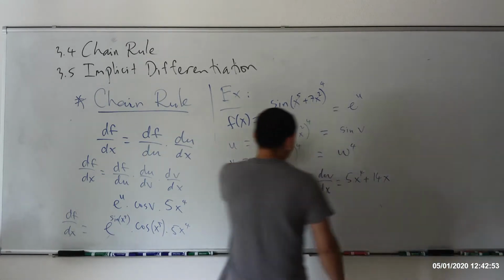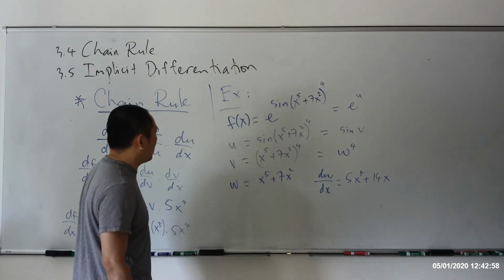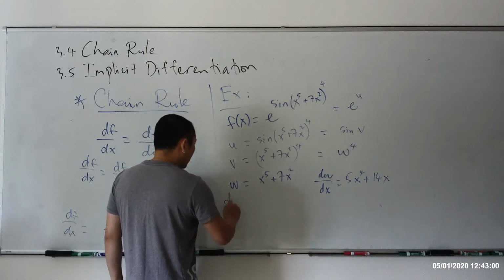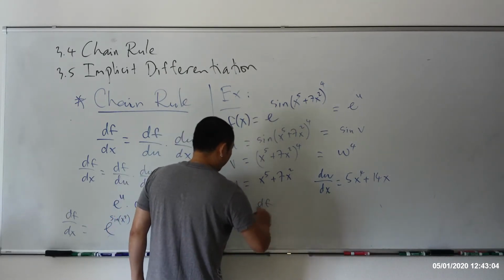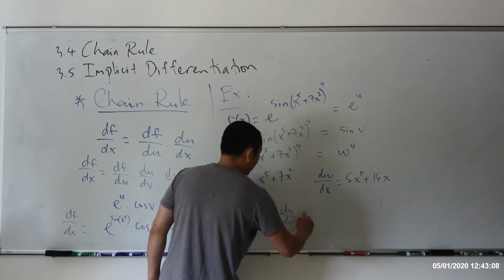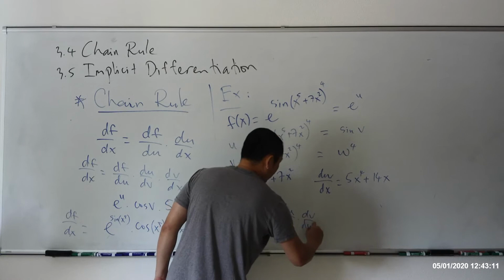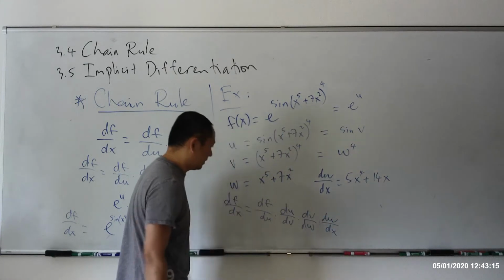Now, I can take care of the whole problem because I break down every single change that we have in here. So, df over dx will be df over du times du over dv times dv over dw times dw over dx. Okay?